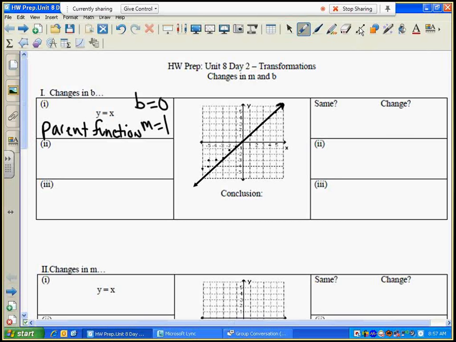So in number 2 here, let's say we have y equals x plus 3. So if we had that one, you can see that the new b is going to be 3, but the slope is going to stay the same. Okay, let's graph that one.